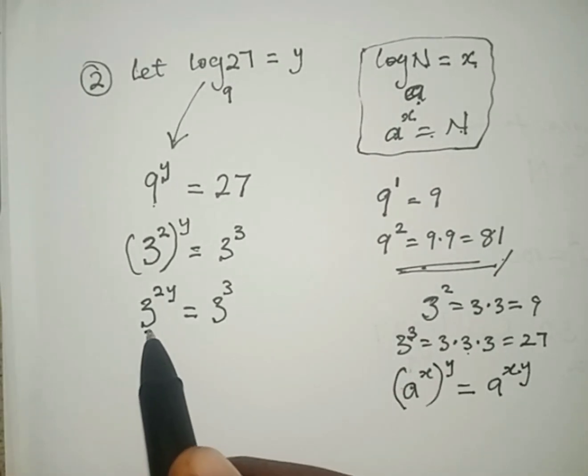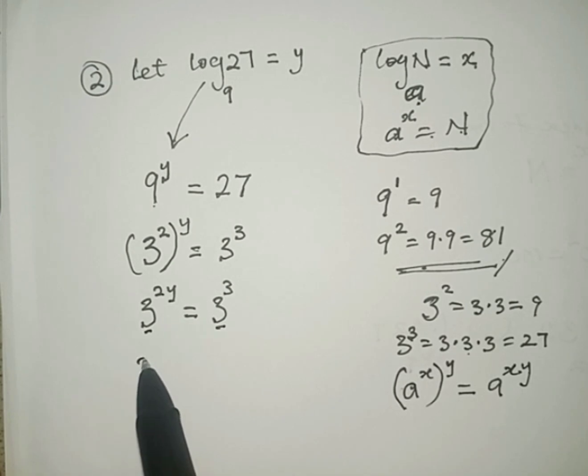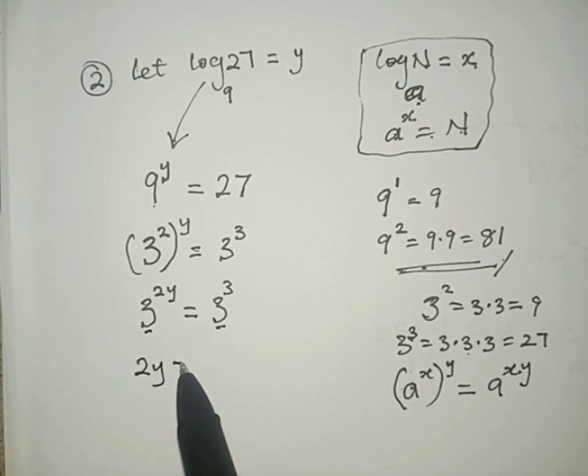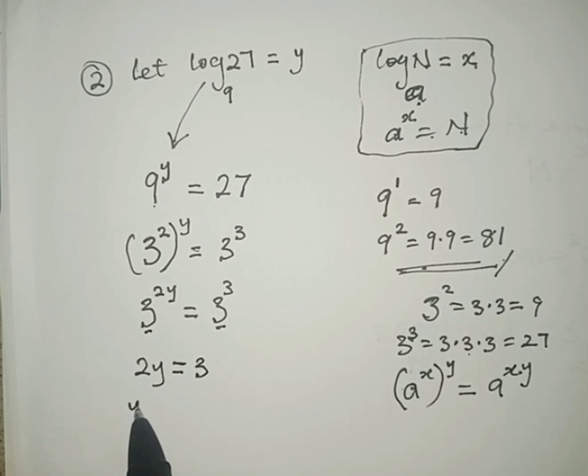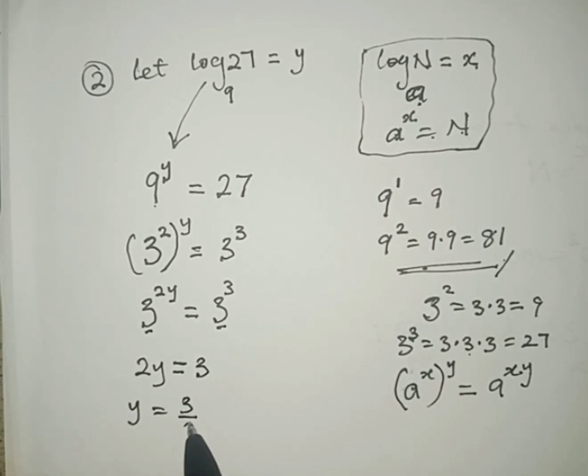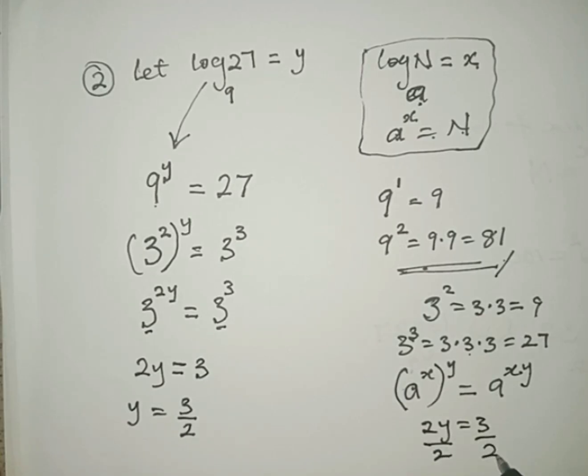So since the 3 here and the 3 here are equal, we can simply say 2y is equal to 3. Divided by 2, this 2 goes, we have y equals 3 over 2.